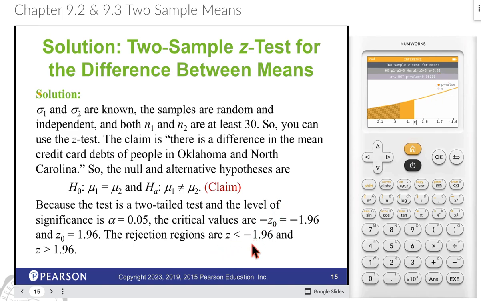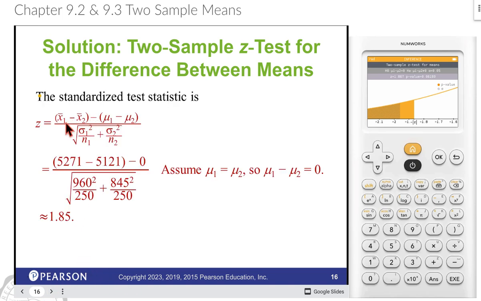Okay, here they get the actual z-values, and that's the marker for a 5% test, right? 95% in the middle. They did the formula, and notice the formula comes up with almost the same z-value that we did. There's a little difference.